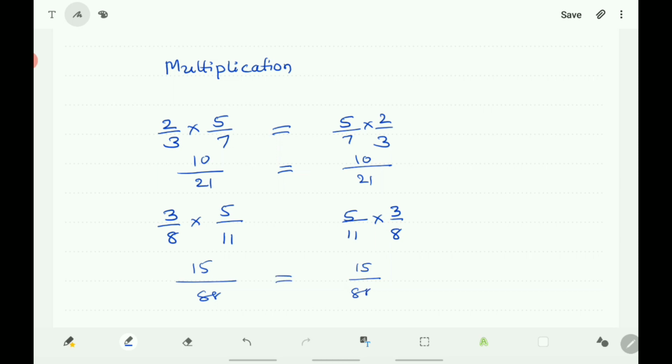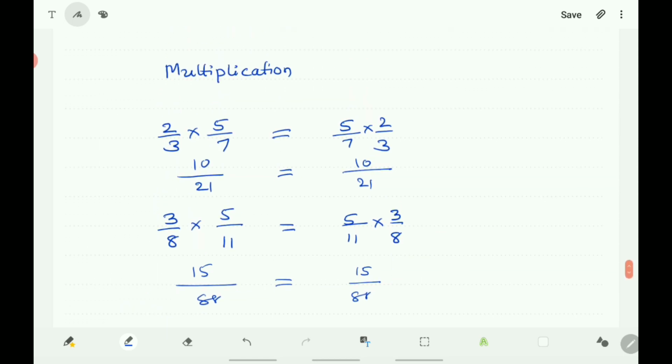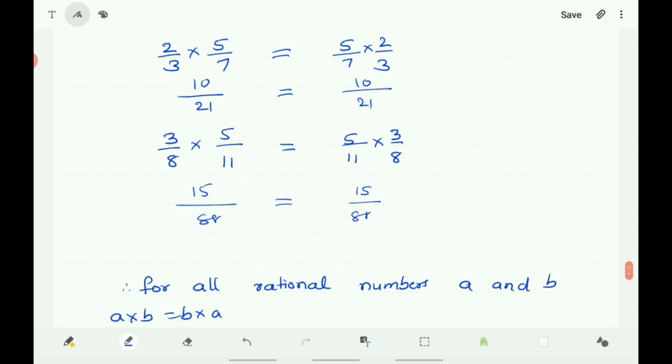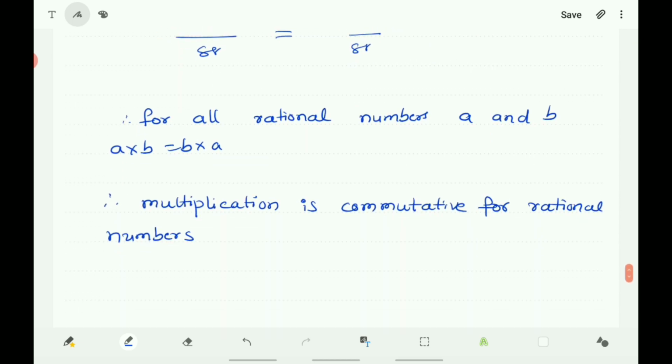Therefore, 3 by 8 into 5 by 11 is equal to 5 by 11 into 3 by 8. Therefore, you can conclude that multiplication is commutative for rational numbers. That is, for all rational numbers a and b, a into b is equal to b into a. Multiplication is commutative for rational numbers.